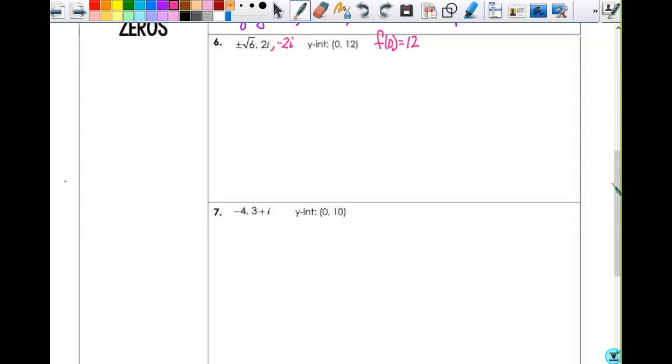Okay, so y'all go ahead and fill in your initial function without me talking you through it.